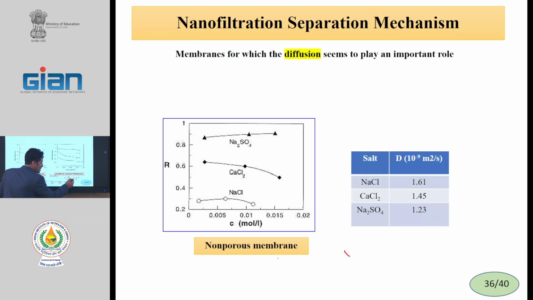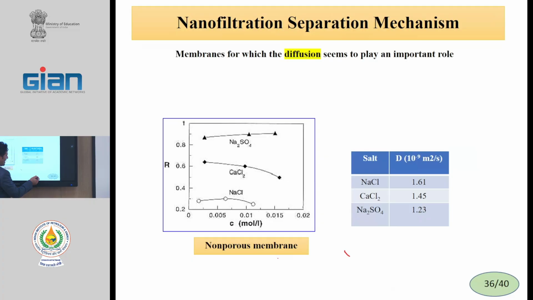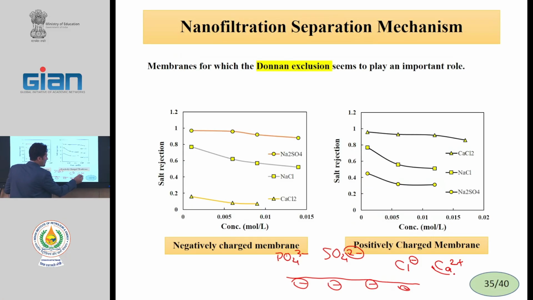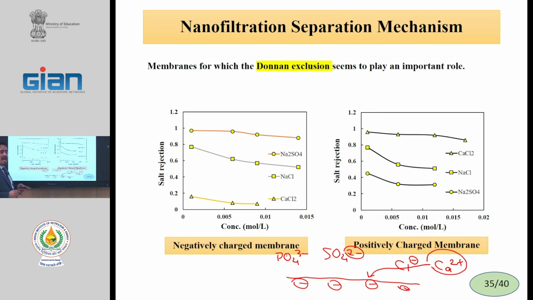Because this calcium can adsorb on the membrane surface and neutralize the negative charge. Positive charge can neutralize the negative charge, therefore reducing the negative charge of the membrane, and the selectivity is reduced.